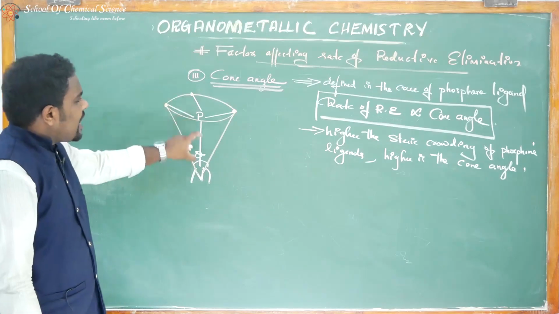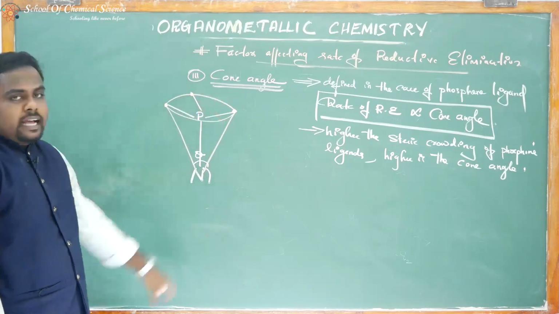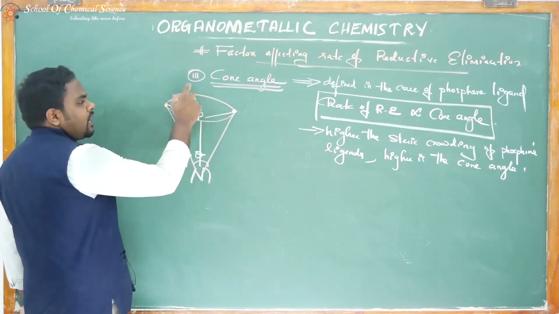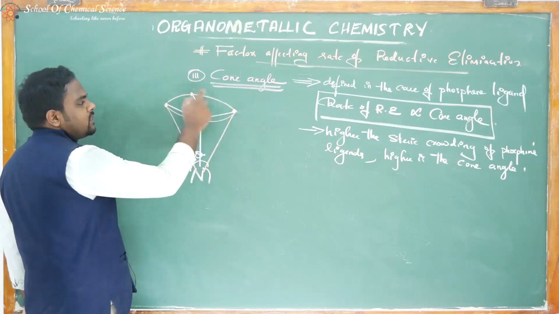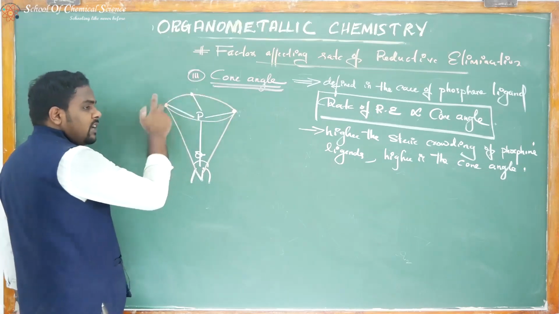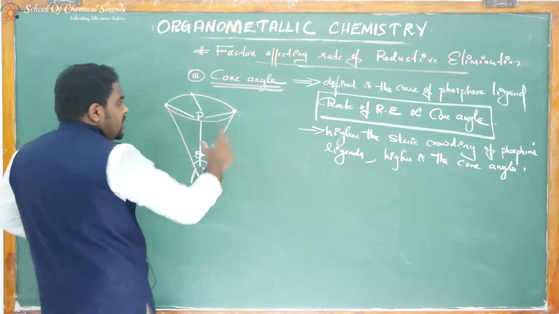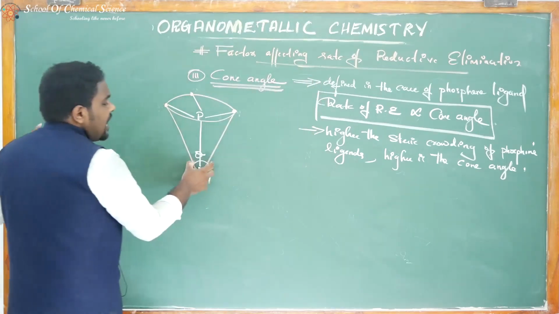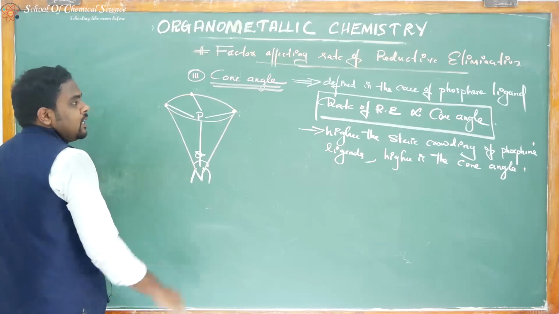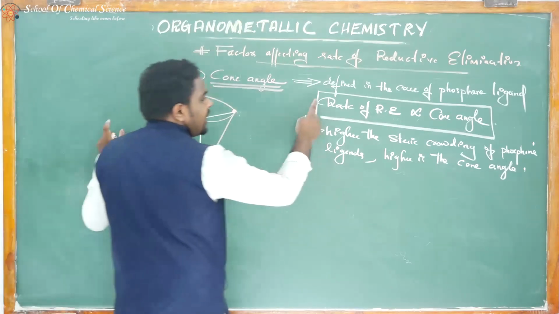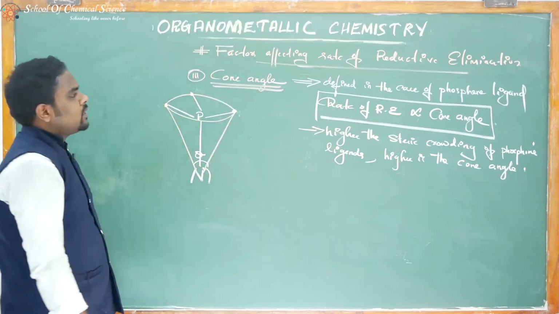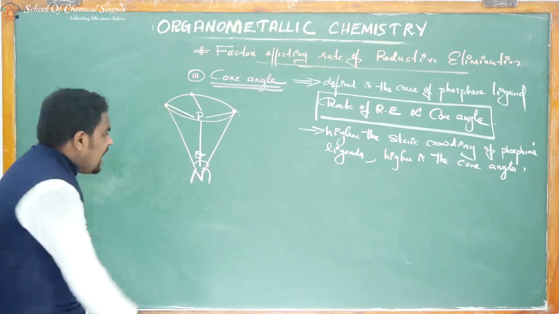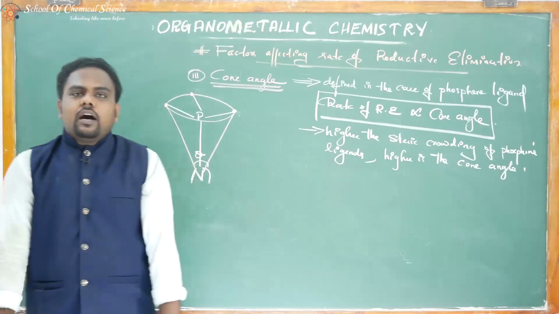So generally this cone angle is defined for a phosphine ligand, phosphorus containing 3 substituents R1, R2, R3. If the substituents are very bulky, large steric crowding will be there, the cone will be large and theta will be higher. So rate of reductive elimination is directly proportional to the cone angle, and this is called theta.